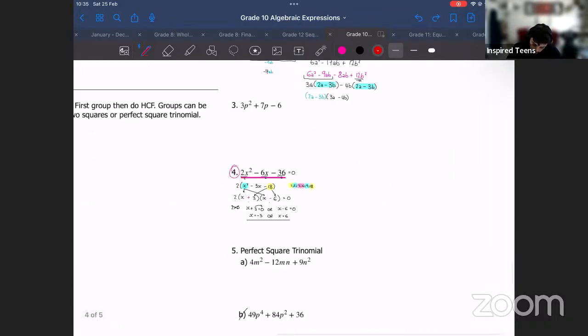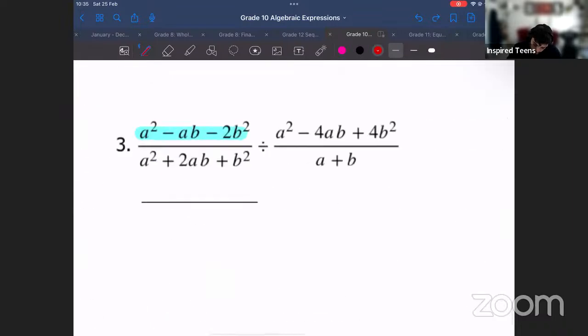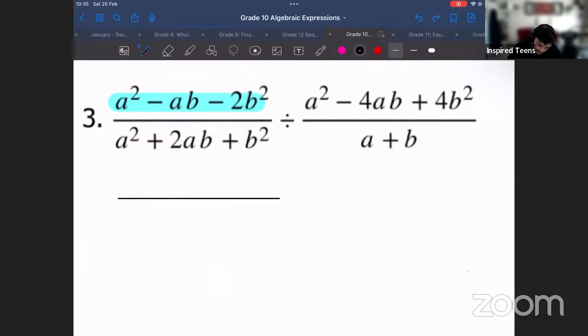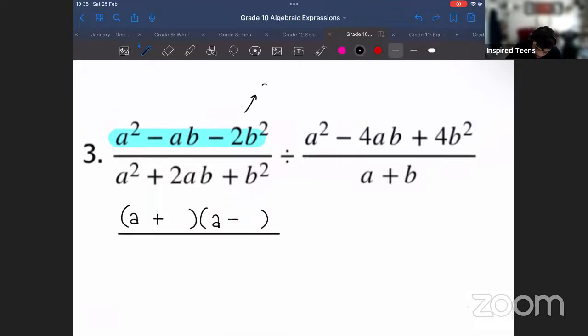So in this case, I can factorize it as a trinomial. Factors of a squared is simply a and a. This is a minus, so one's going to be plus, one's going to be minus. Factors of 2b squared are basically 2b and 1b. 2b times 1b gives me 2b squared.